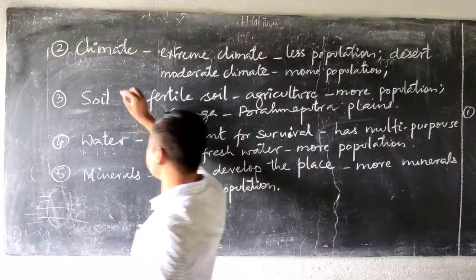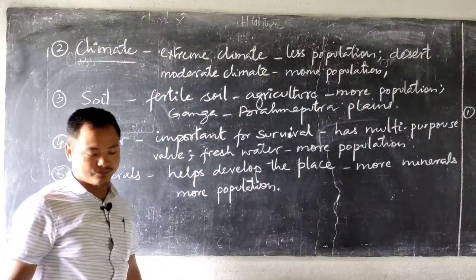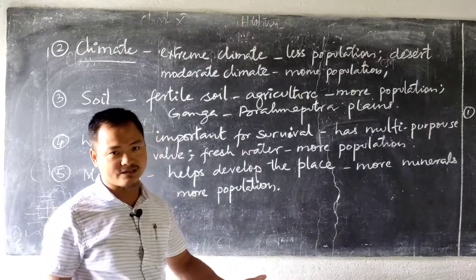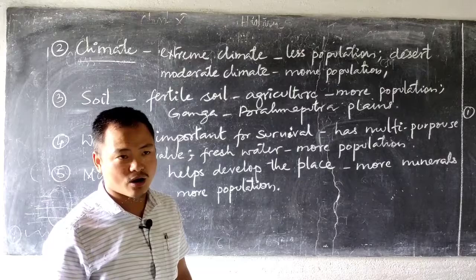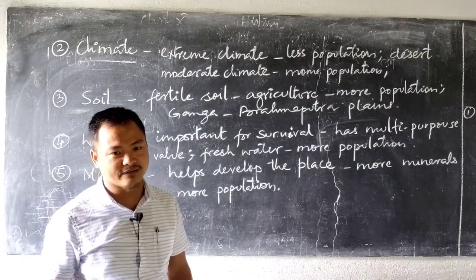Now let's understand the second physical factor that affects the population of a place. We see climate. Climate of a place plays a major role. It's obvious that wherever there is very hot weather, we don't like living, or even if it's a freezing condition, very cold, we don't like surviving there.